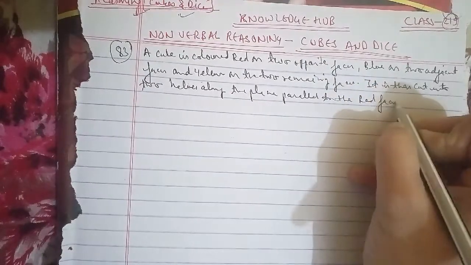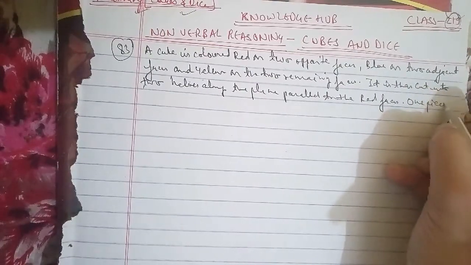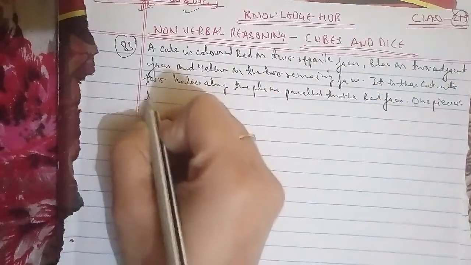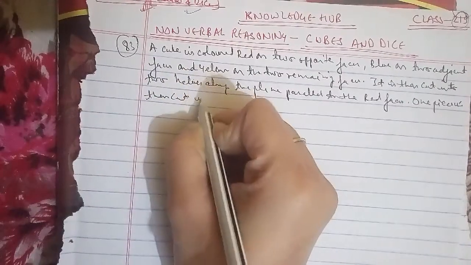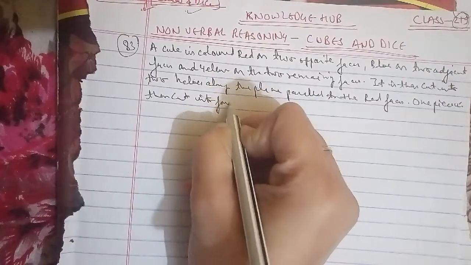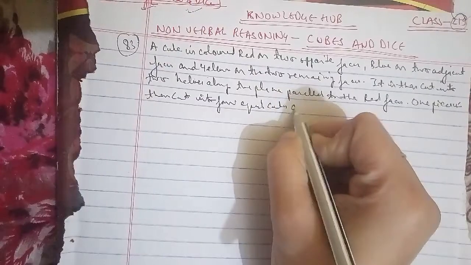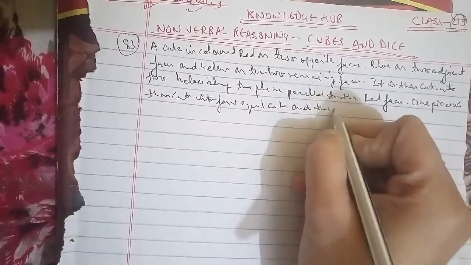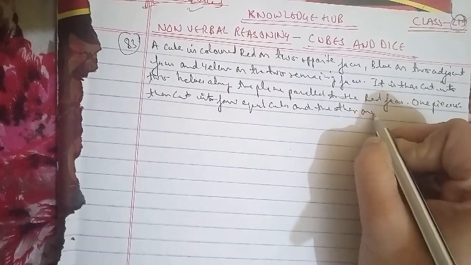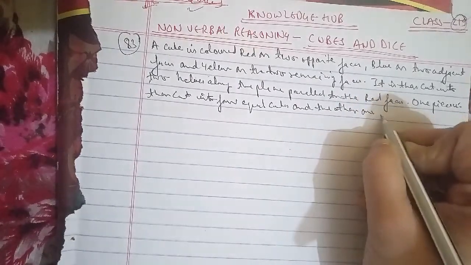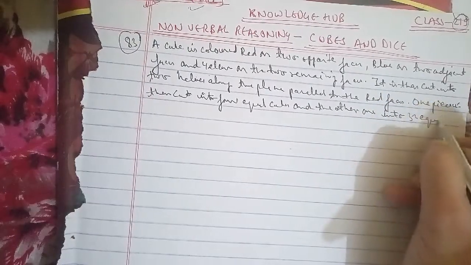One piece is then cut into 4 equal cubes and the other one into 32 equal cubes. This has been asked in the hotel management question paper as well.